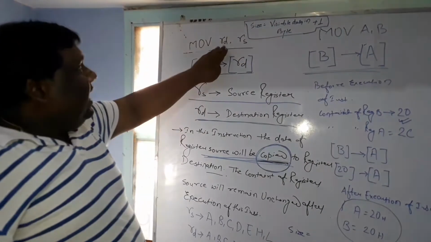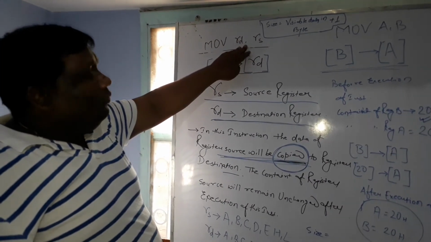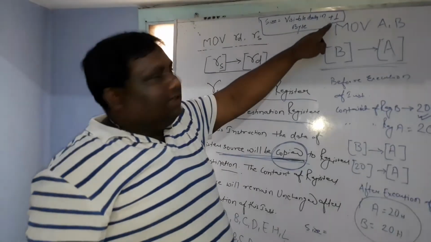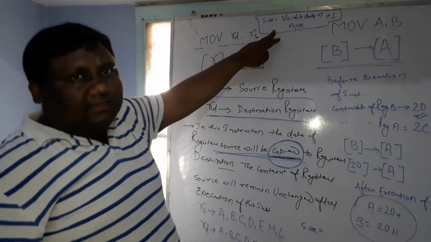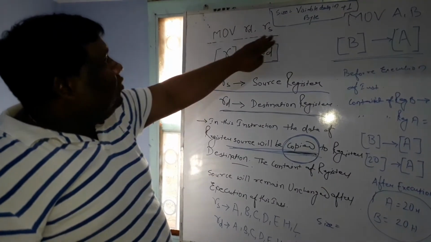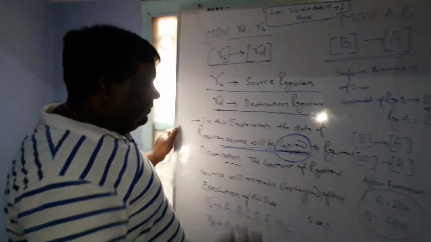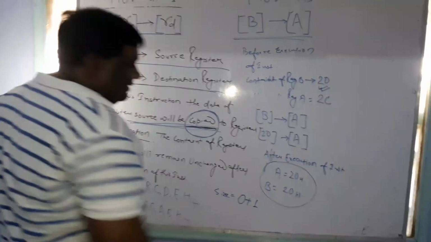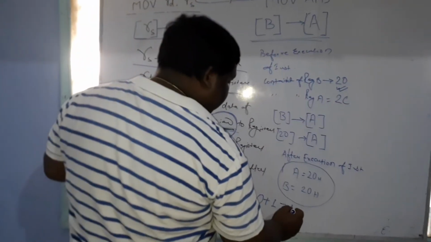RS contains the data, but the data is not visible. Whatever data is visible in the instruction, just add 1 to the number of bytes of data, and that represents the size of the instruction. So in this instruction there is no visible data, hence the visible data is 0, and that 1 is added by default, so the size is 1 byte for this instruction.